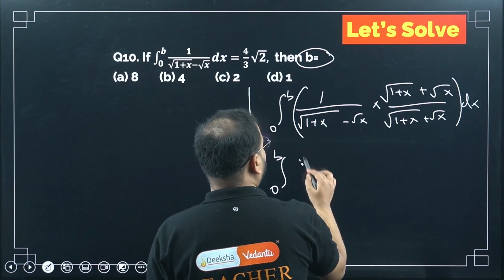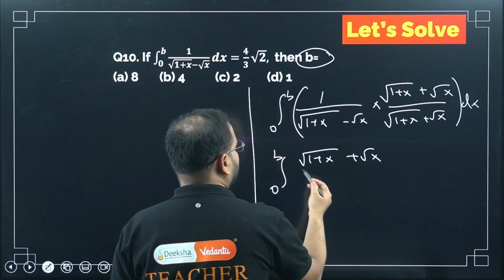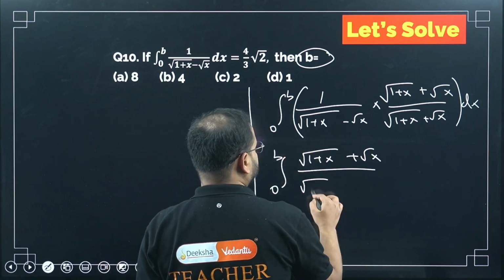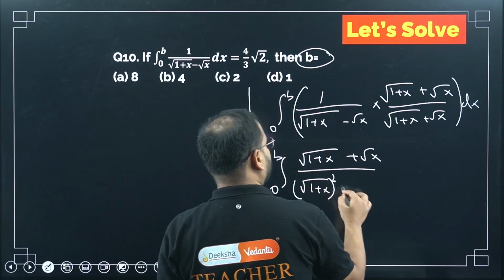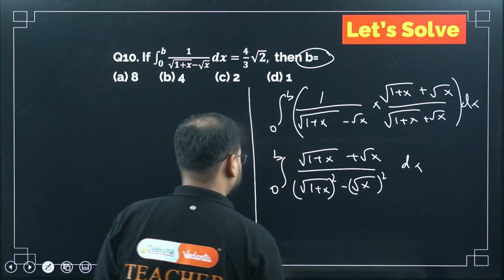The numerator will become root of 1 plus x plus root x, divided by the square of this, a square minus b square, with dx.